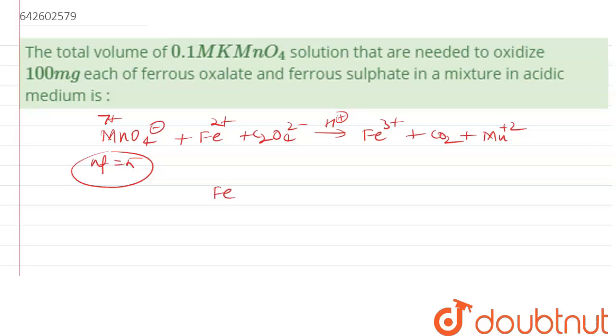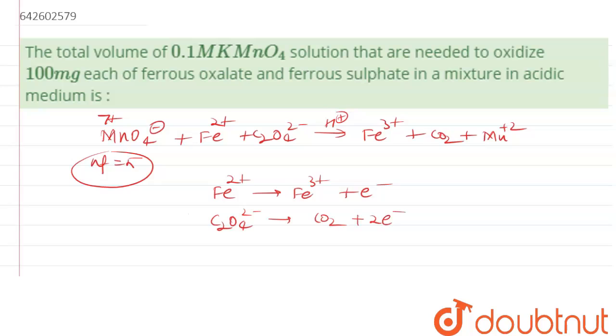And what about the N factor of this? We are using 1 electron here for Fe2 plus, and the C2O4 2 minus is going to convert into CO2.